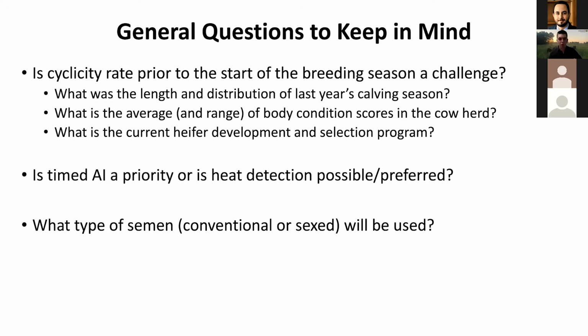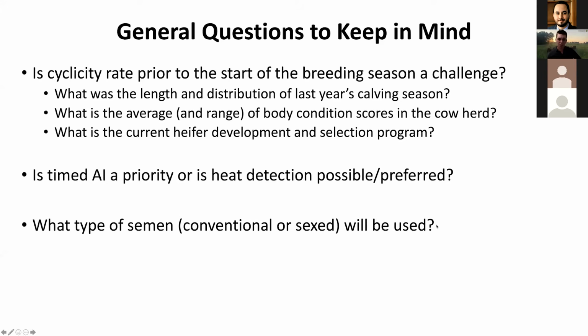As mentioned before, though, another advantage of timed AI is that we service all of the cows on the first day of the breeding season, and that's a major opportunity. If we're just heat detecting and not performing a timed AI for cows or heifers that fail to come in heat, we don't really achieve the same thing. And so by not servicing cows, we actually often get lower total pregnancy rates, even if our conception rates look ideal.